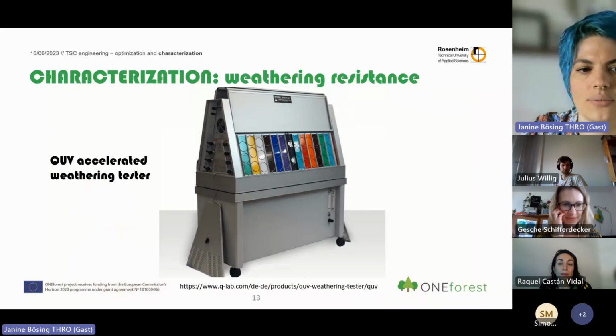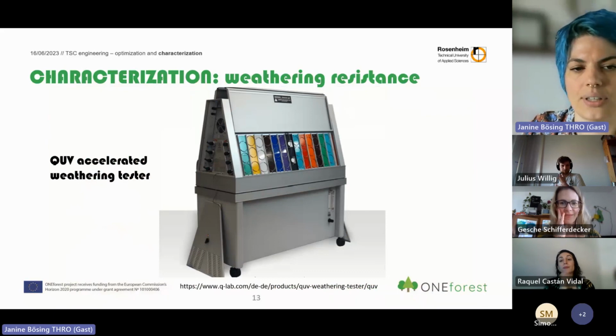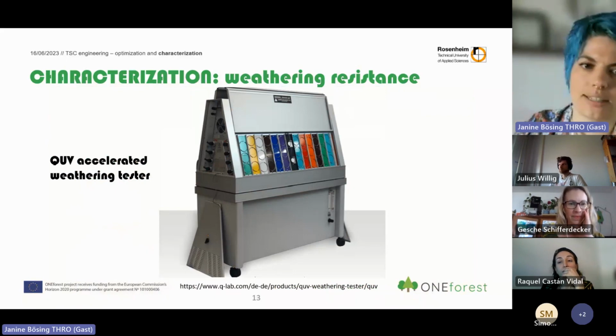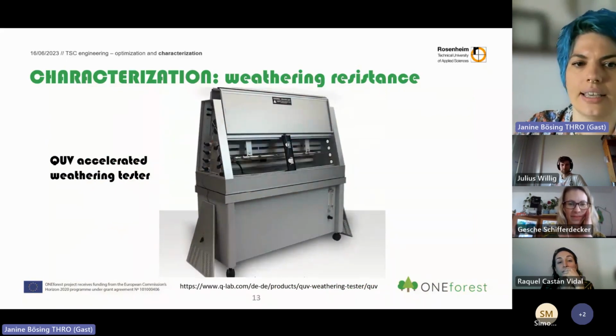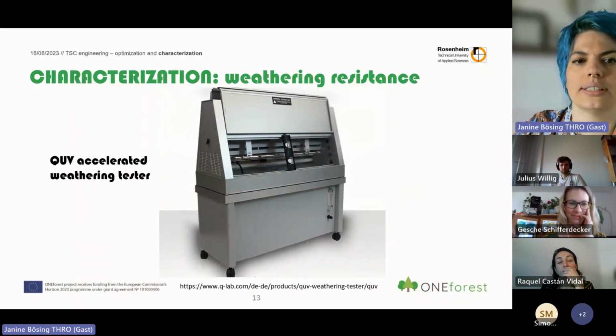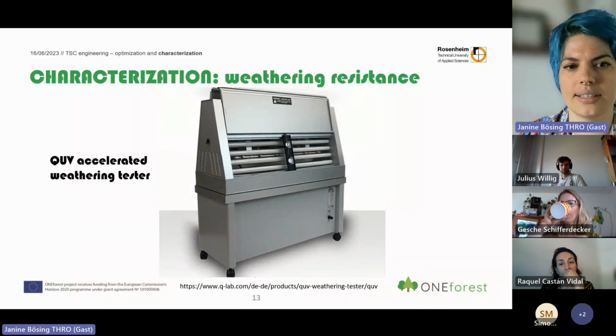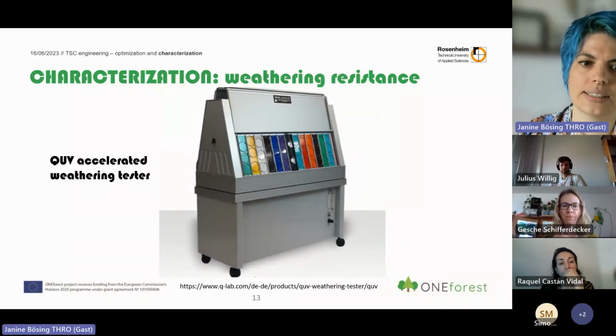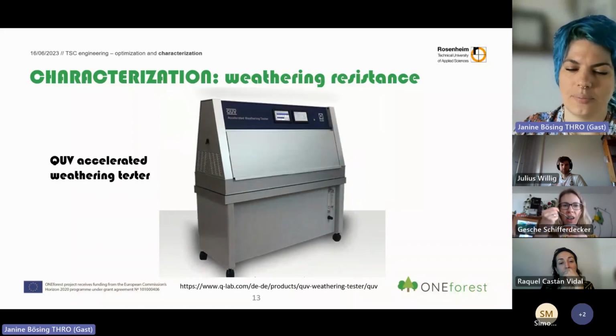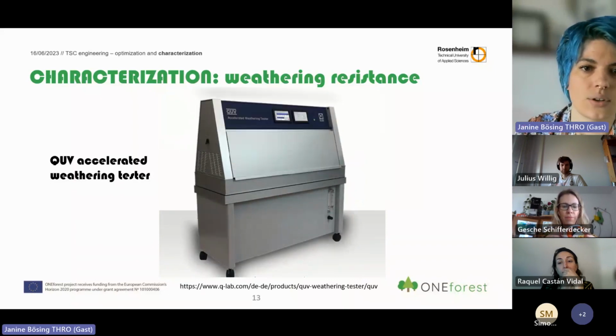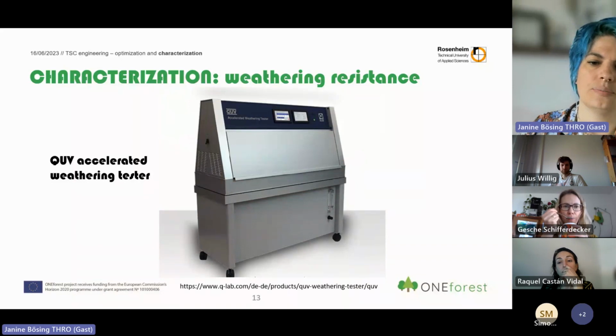And if we take this cover off, we see the UV lights inside that represent the sunlight, and underneath there are sprinklers, and those sprinkle the water on the samples. So the samples are facing to the inside where they're facing the UV lights and the sprinkler system, and there we can test those in our controlled environment.